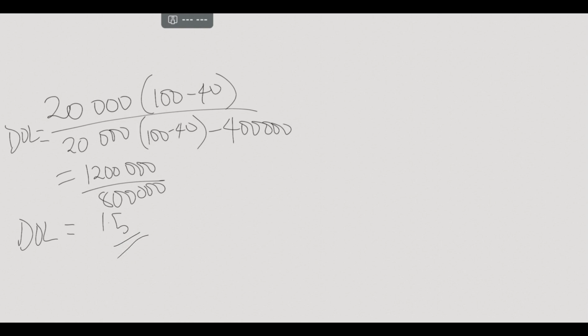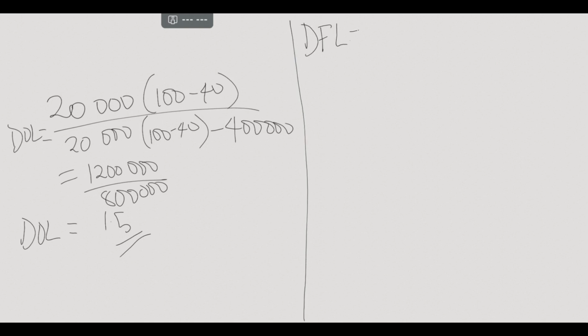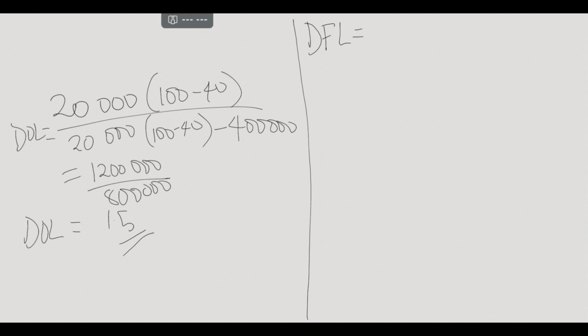So now we are moving on to the degree of financial leverage. Also very straightforward. The trick here is knowing the formula, memorizing the formula, and knowing how to apply it as per questions. So the degree of financial leverage is Q into S minus V minus FC, divided by Q into S minus V minus FC minus R. In this question, it's quite different from the previous question that we solved.